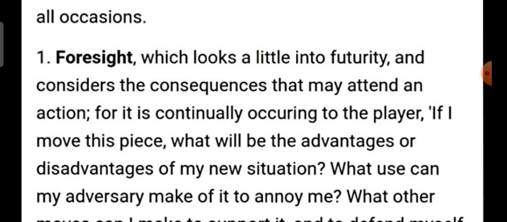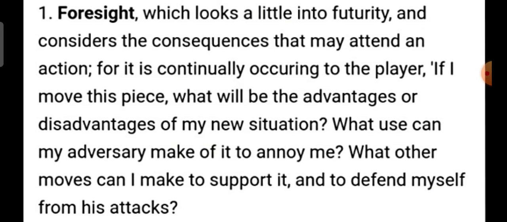For it is continually occurring to the player during the game. What does the player think? If I move this piece, what will be the advantage or disadvantage of my situation? The new situation which I will be facing.